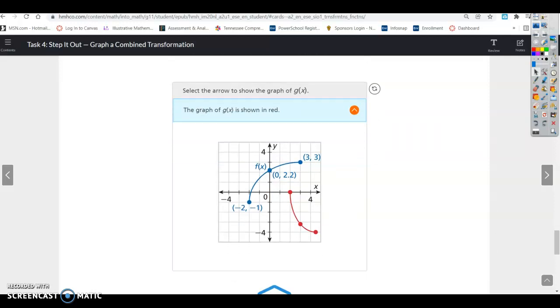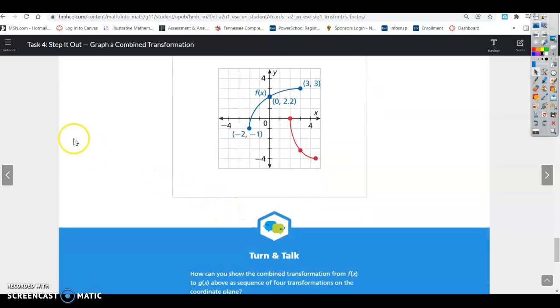All right, so it says, look at the graph. Remember, the original graph was this blue curve here. And when we applied all the transformations that they gave us, this would be the new image. Okay, all right, so that is all for task 4. If you have any questions, please let me know.